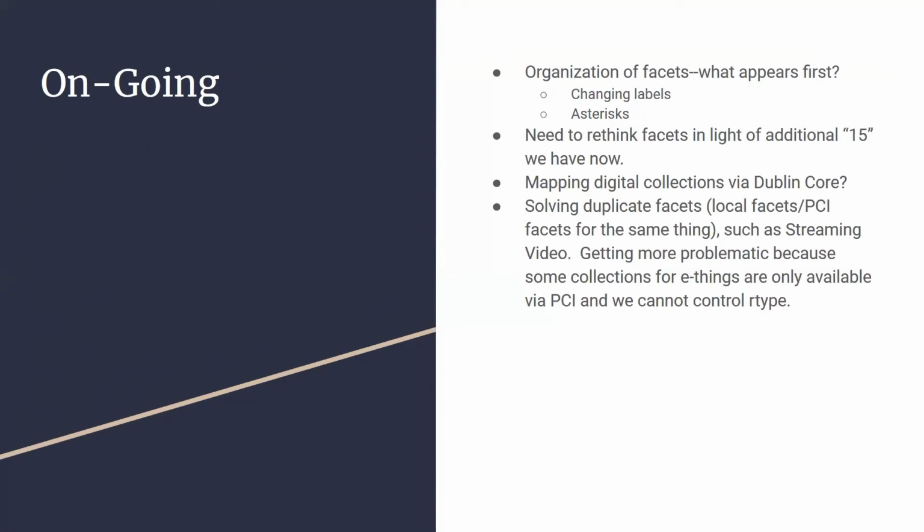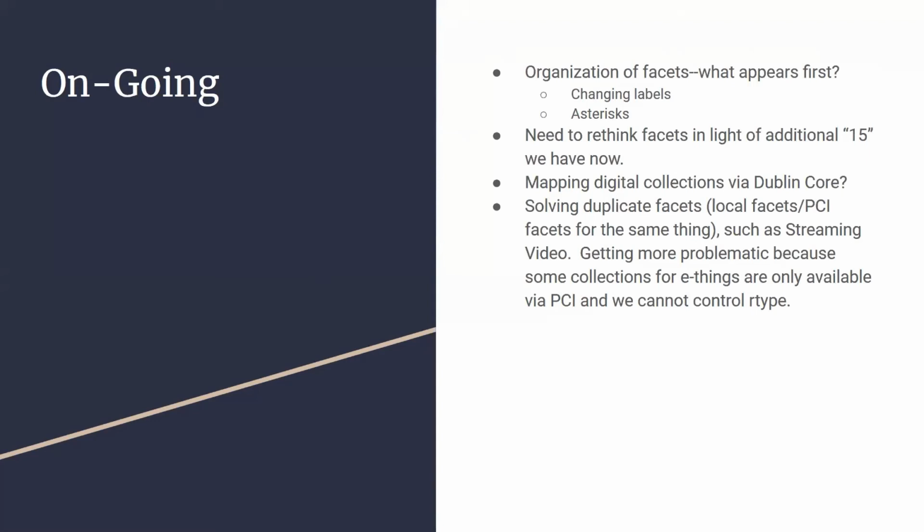So we didn't really realize that we could simply locate the R type that electronic resources from the PCI were tagged as, and then add that R type to our 901 field in electronic collections in our local inventory and have those facets meld together. I don't know why, we just never thought about that.